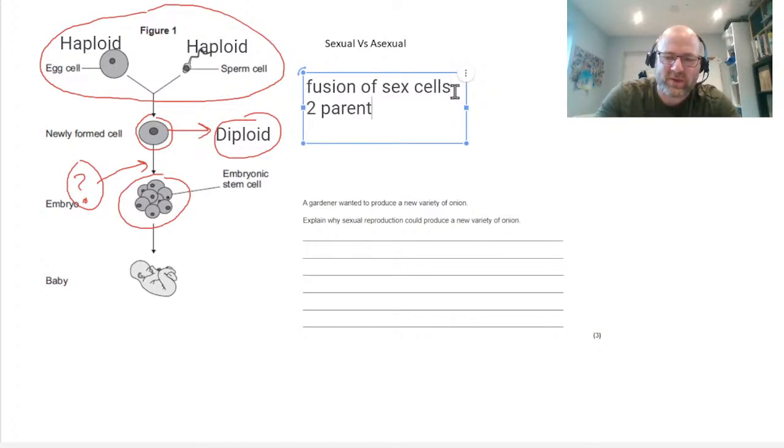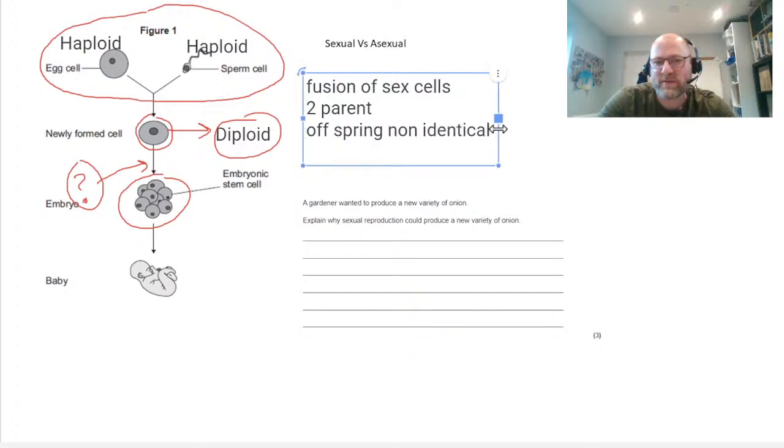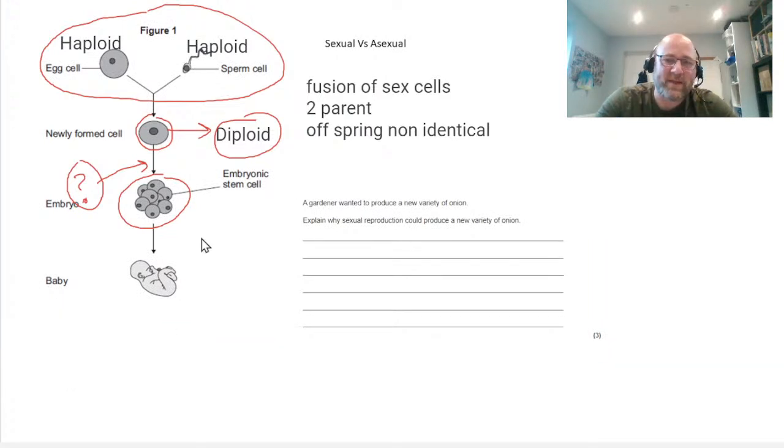Fusion of gametes or sex cells, 2 parents, and we can just say offspring non-identical. It's better if you can say genetically non-identical, so genetically different. And then asexual is the opposite of that. There's no sex cells, no fusion of gametes, 1 parent, and the offspring are genetically identical. Okay, cool.